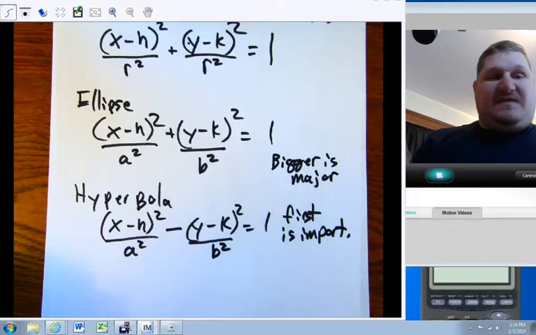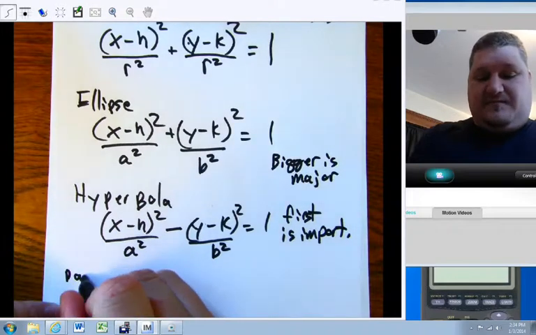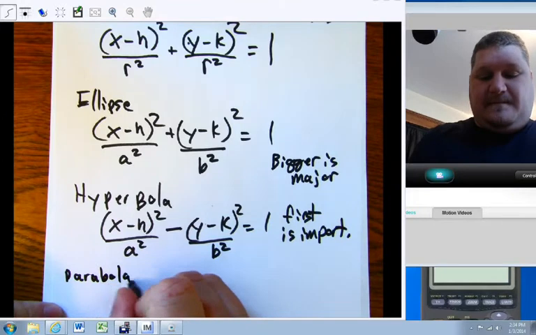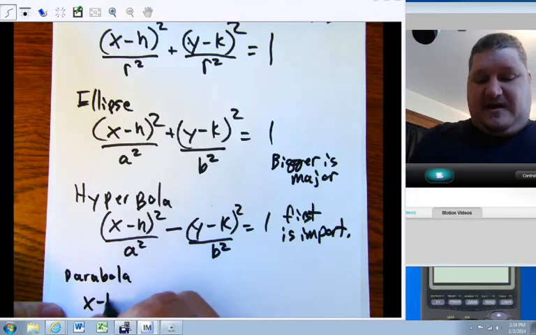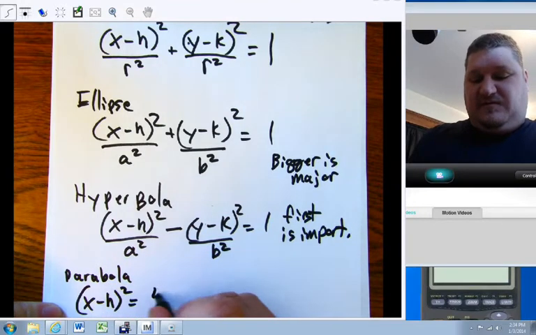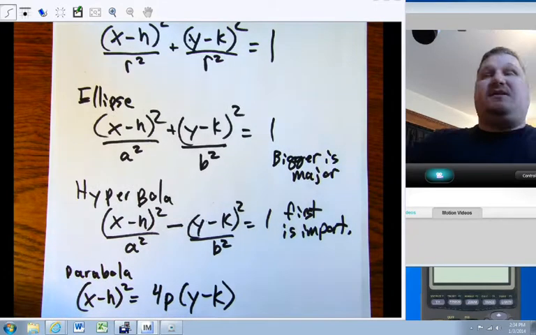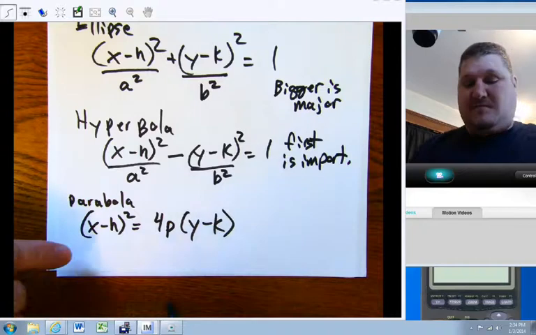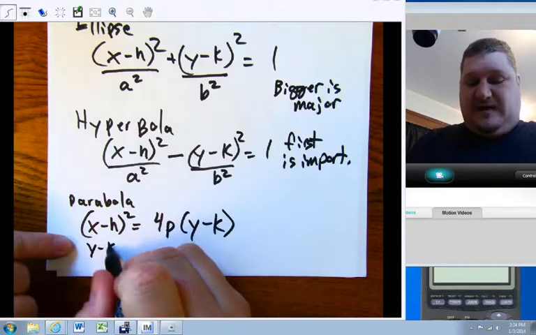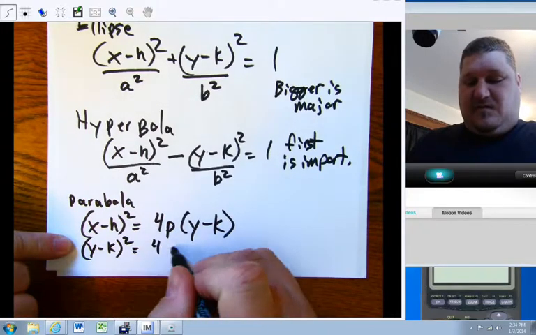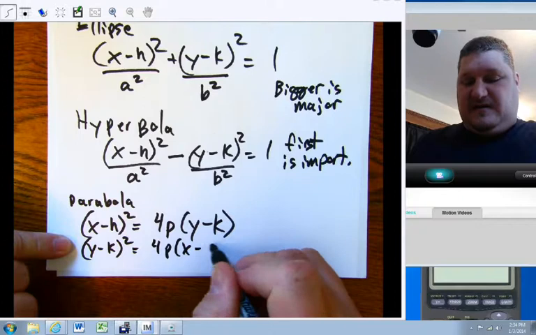Finally, if we want to come down to the parabola, we have x minus h, the quantity squared, equals 4p times y minus k, or the corresponding formula, y minus k, the quantity squared, equals 4p times x minus h.